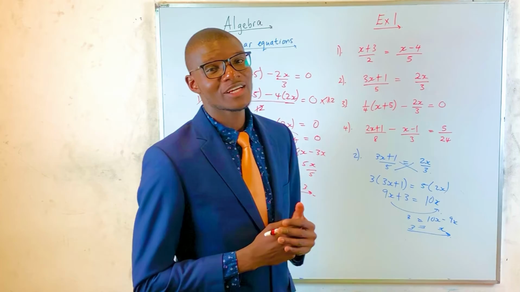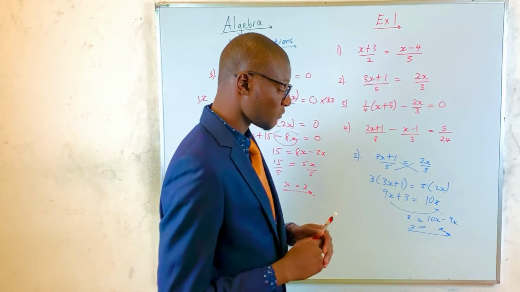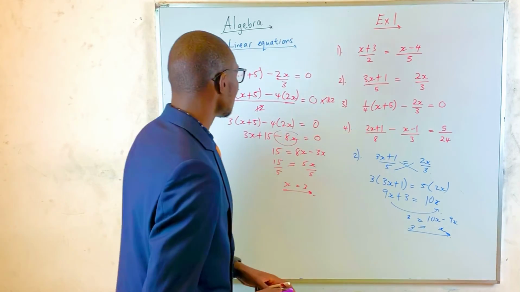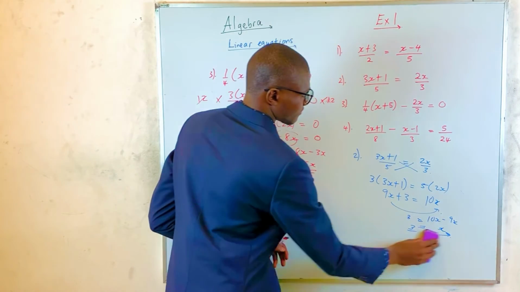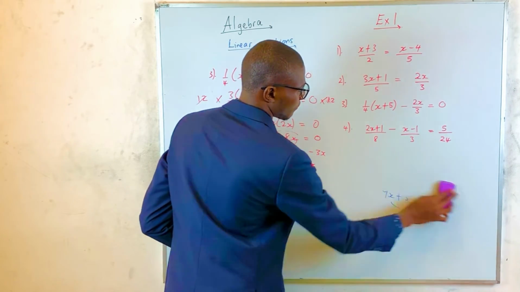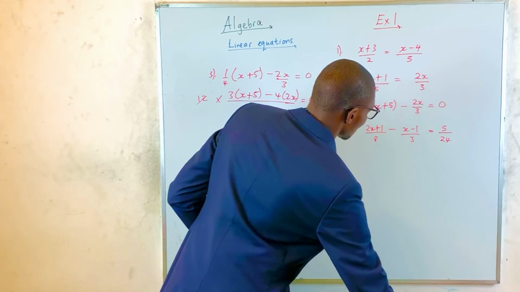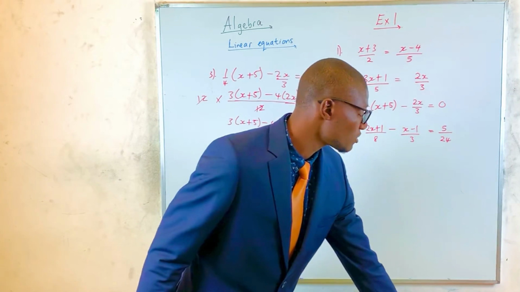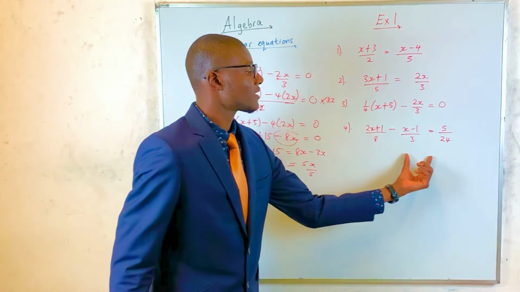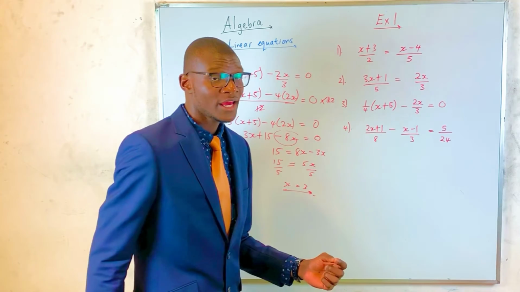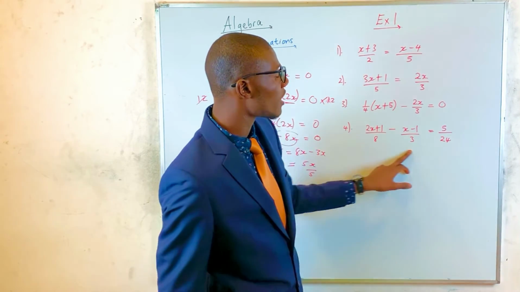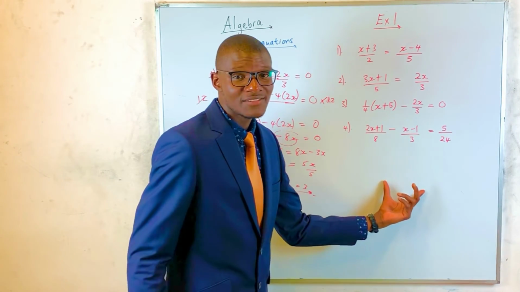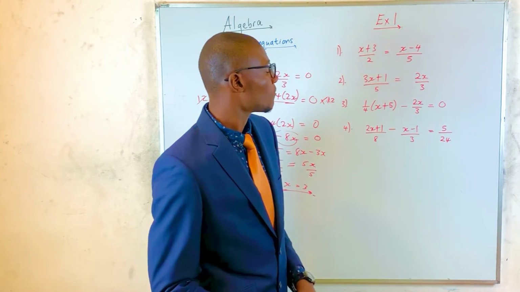Then now we would like to look at the last question, which is number 4. So I shall erase this. Okay, so for number 4, we see we've got these fractions, and the common denominator throughout, on the left hand side and right hand side, is 24.